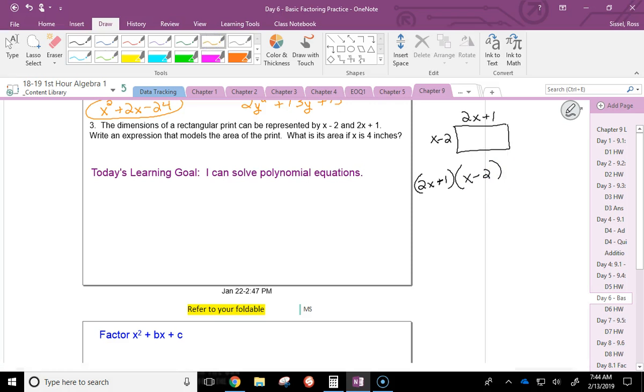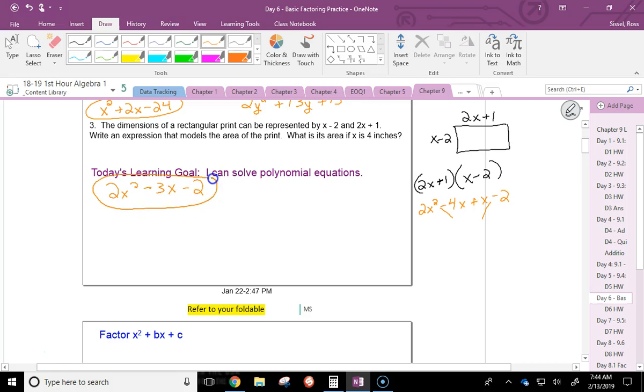And we just distribute that. I have 2x squared minus 4x plus x minus 2. Combine my like terms, so I have 2x squared. -4x plus x is -3x minus 2. So that's the first part.